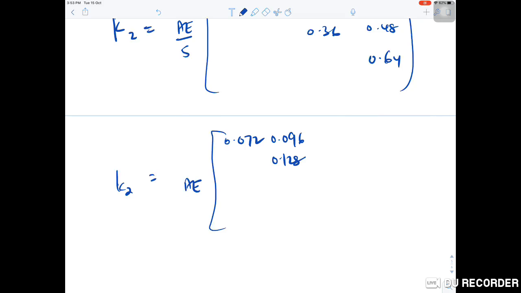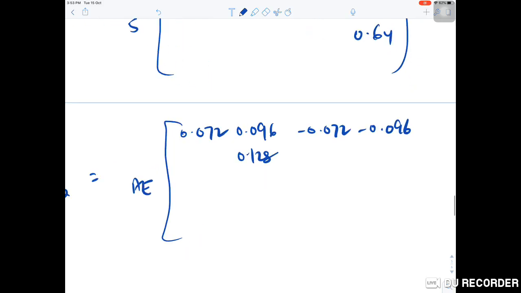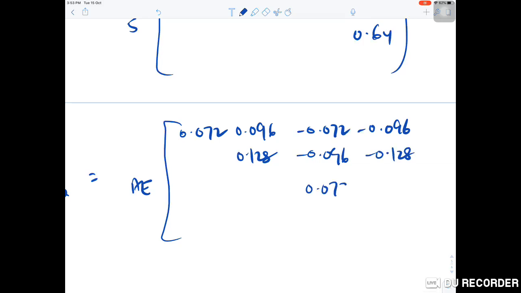So this is negative 0.072 with the formula, this is 0.096, negative 0.096, negative 0.128, 0.072, 0.096 and 0.128.